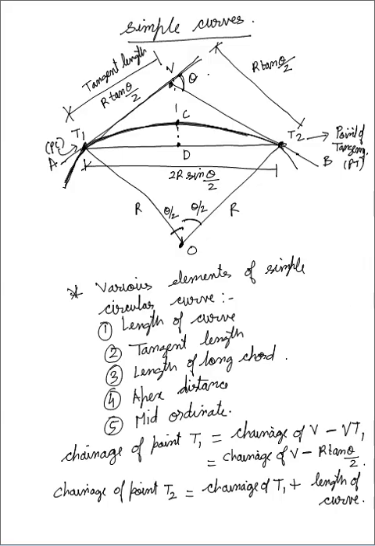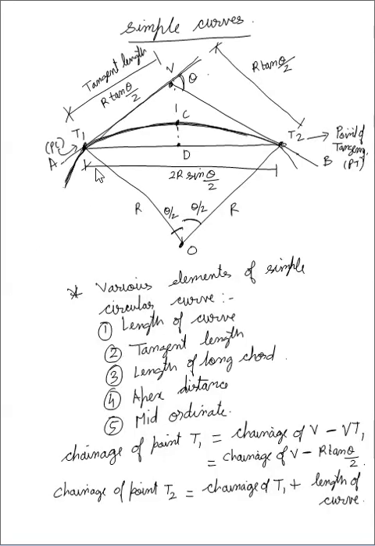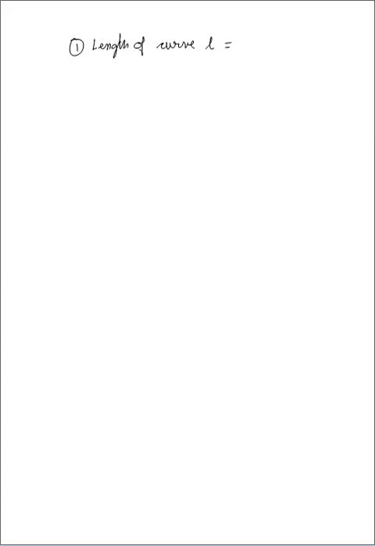So the first thing is your length of curve. Here I am writing length of curve L. So what is length of curve? You can see this diagram I have drawn. It is the length from T1, then we are going up to point C, and then again up to T2. So basically length of curve L is equal to T1 C T2, which is equal to R theta. Now always remember here theta is in radians.